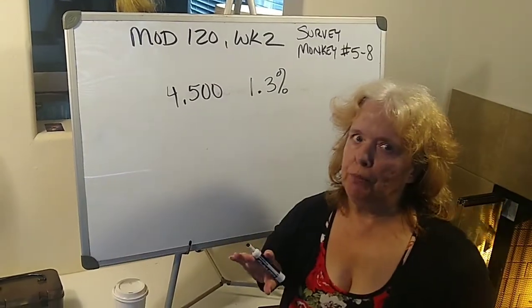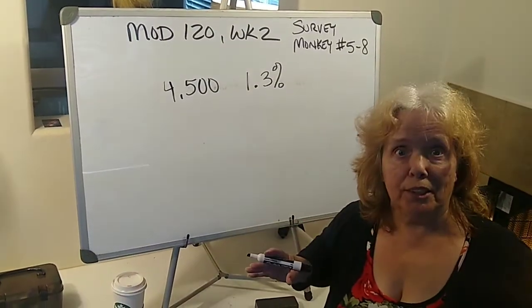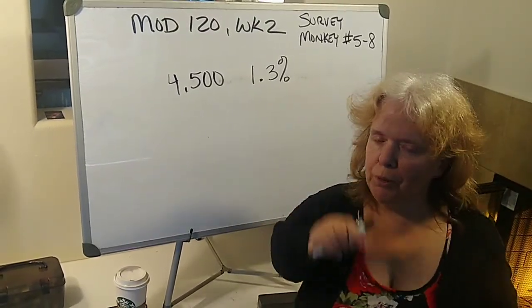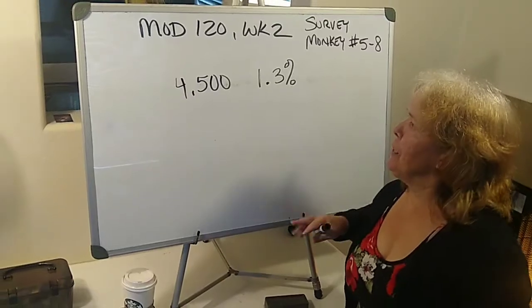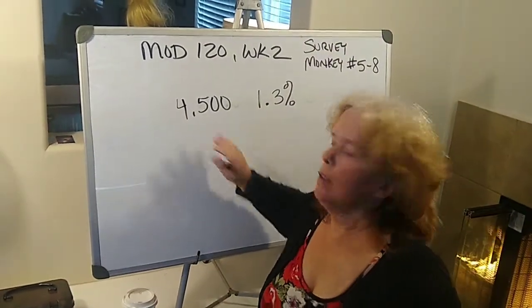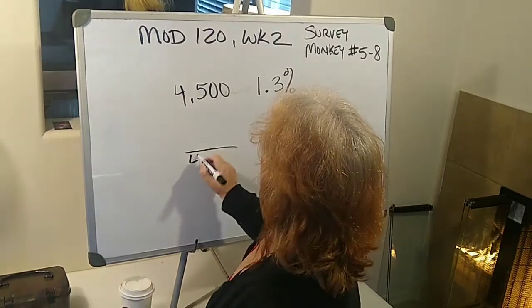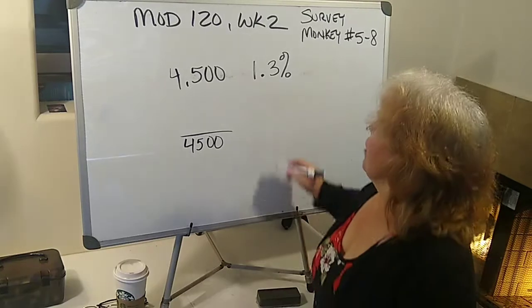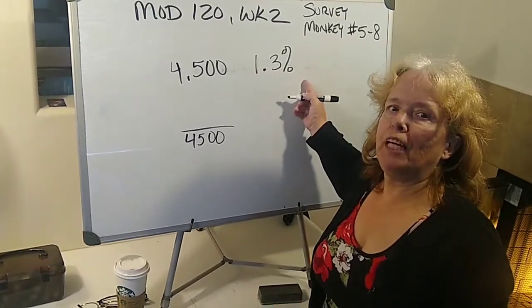Now that's a loaded question because it's not asking how much is the interest. It's how much does he have to pay back total. So there's a couple steps we need to do. So first we need to find out, we know that the 4,500 is the whole. We know we have 1.3%.